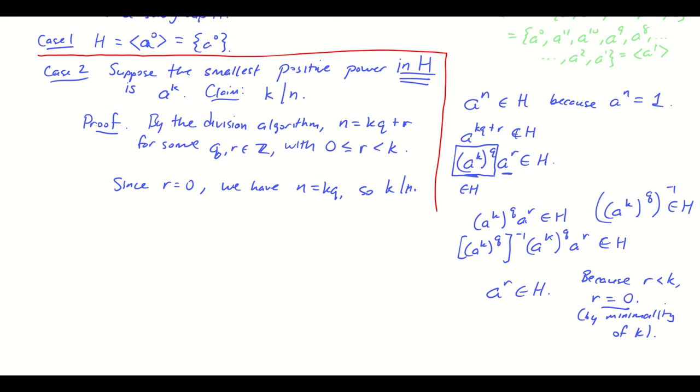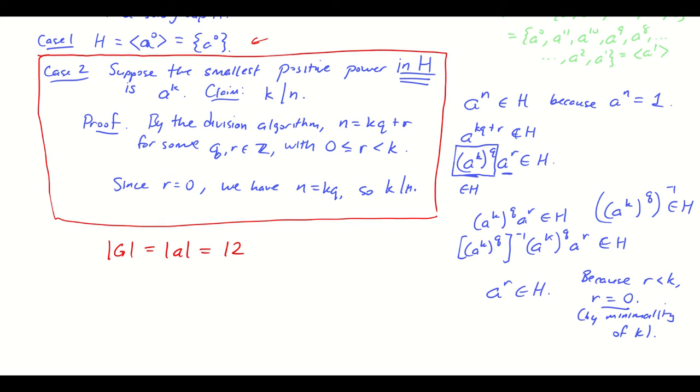But for now, the main thing I want you to take away here is that all of this implies that unless I'm working with just the 0th power of a, which is case 1, in case 2, if I have any positive power at all, the smallest one has to divide the order of g. So if, for example, the order of g, or the order of a, is 12, then the smallest positive power in a subgroup must be one of the following.